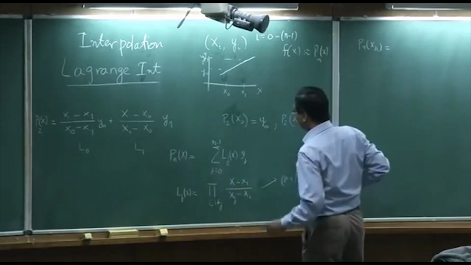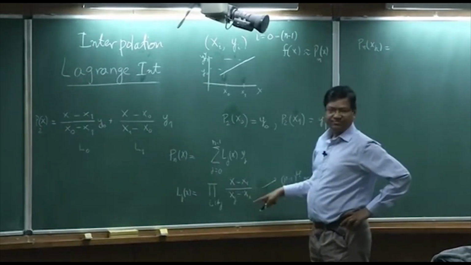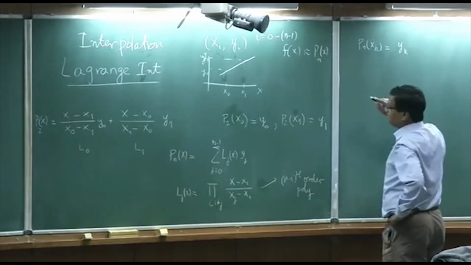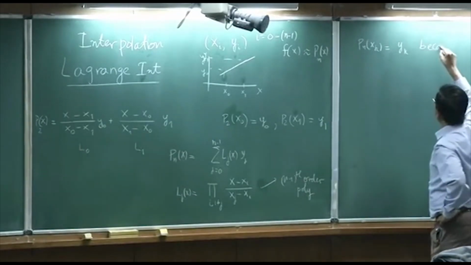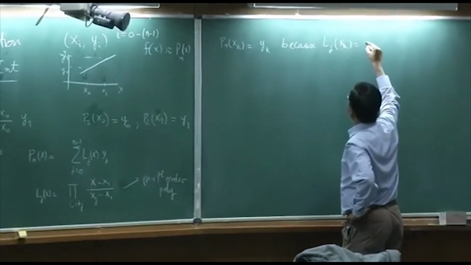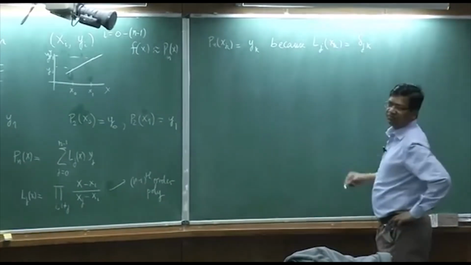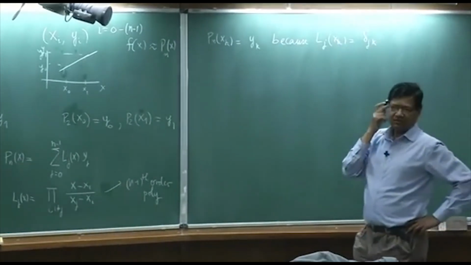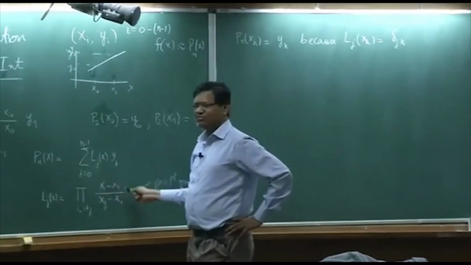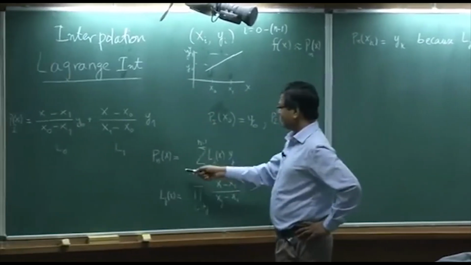The one which is non-zero is where j equals k, because that will not have xk in the product. So, this is all these points except one point: x minus x0, x minus x1, all the way up, except one point. Then in fact that becomes 1. So, this function will just give you y of k, because this Lj of xk satisfies the property of the delta function, delta jk. Okay. So, this is a very useful function, and the required polynomial which Lagrange provides us is this.